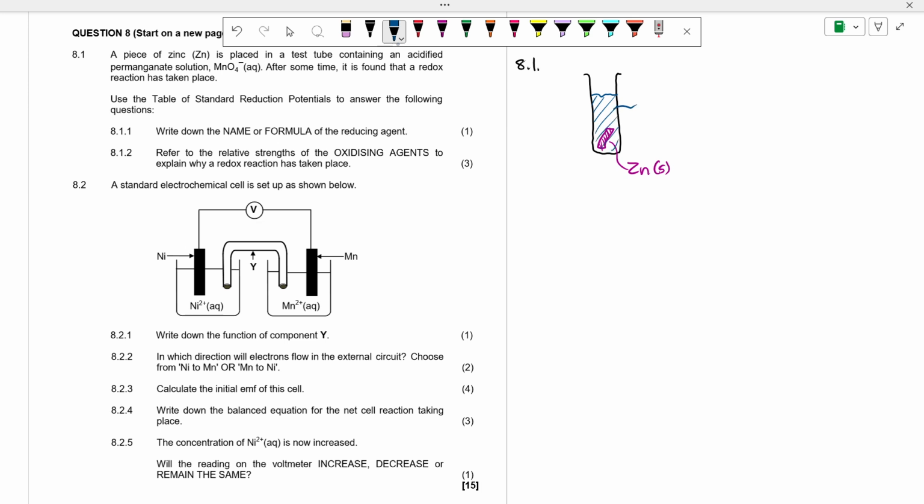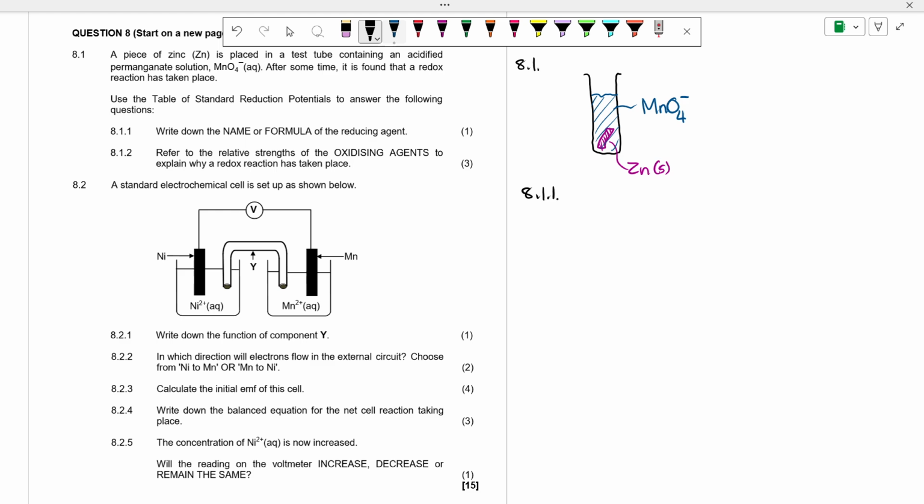So there's acidified permanganate. Don't be scared of the part about acidified. It just means that it's going to have some H pluses inside. Okay. Then let's go to 8.1.1.